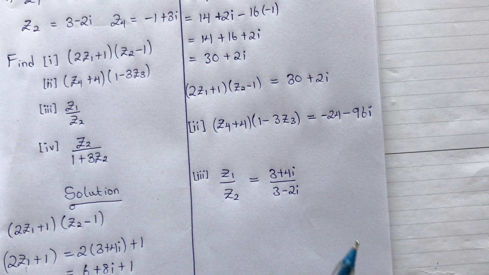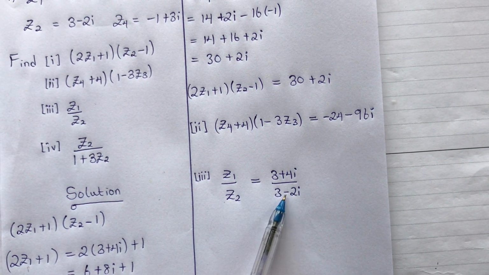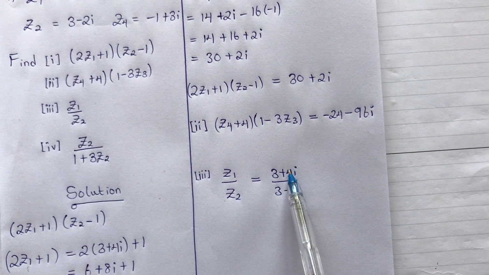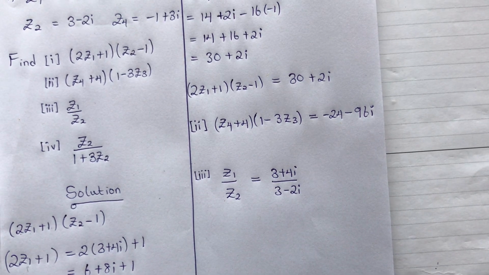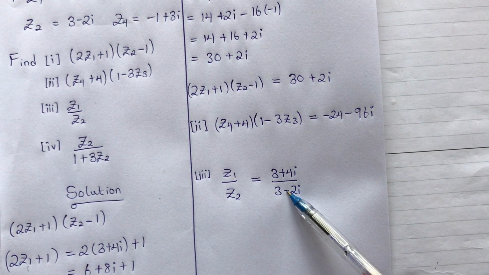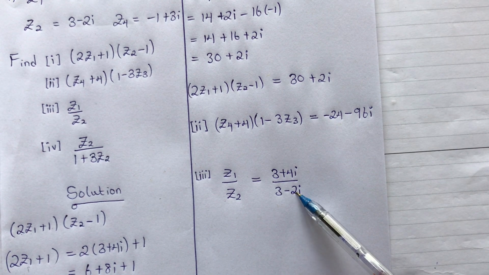And to be able to rationalize, we need to conjugate the denominator by taking the opposite sign of the imaginary term and use it to multiply both the numerator and the same denominator. What this means is that what is the opposite sign? We have a negative here. So when I take the reverse of the negative, will give me positive 2i.